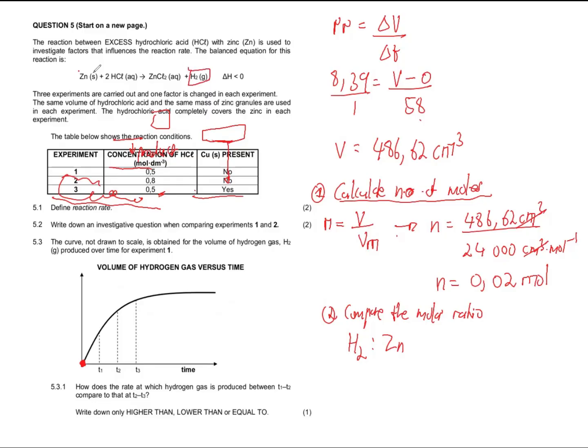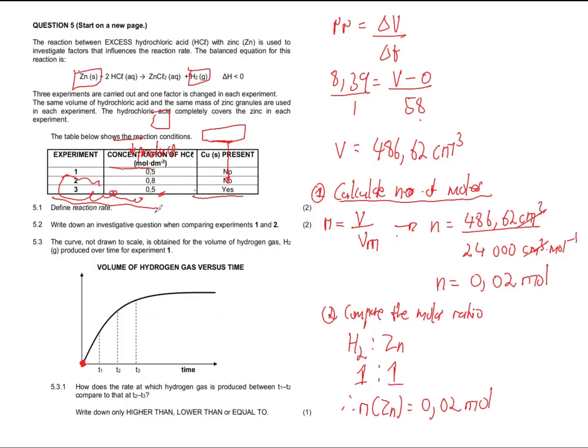We look at hydrogen gas, we look at zinc. What are the molar ratios there? As we can see, the ratio here is 1, the ratio there is 1. The coefficients are the ratios. So 1 is to 1, meaning that also the number of moles of zinc needs to be 0.02 mole. Remember, same ratio, same number of moles.